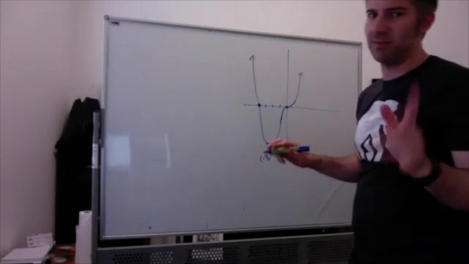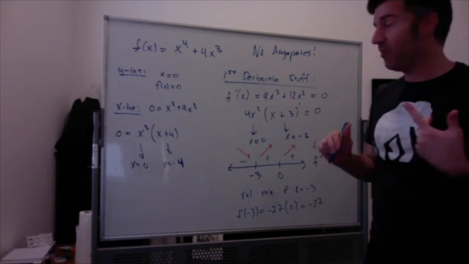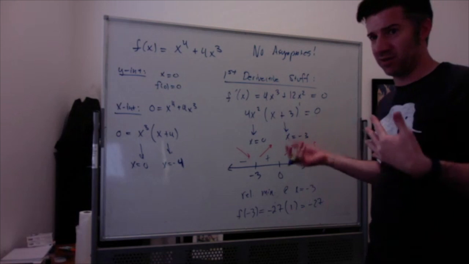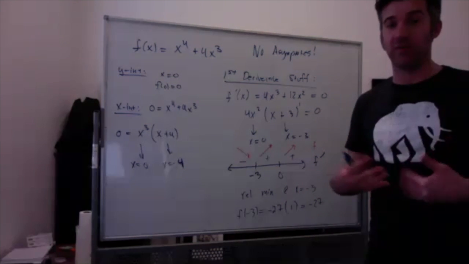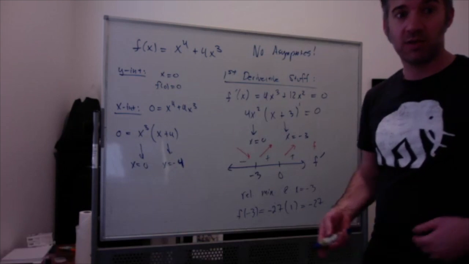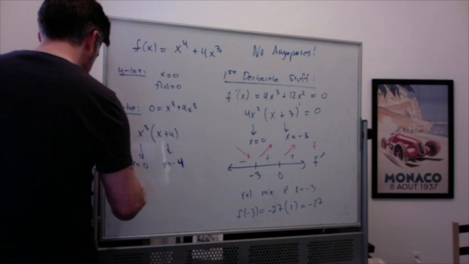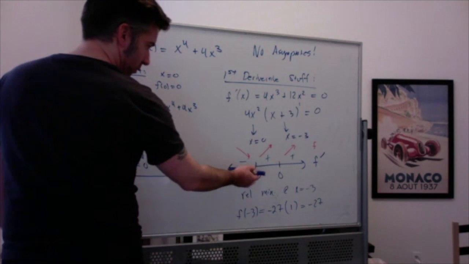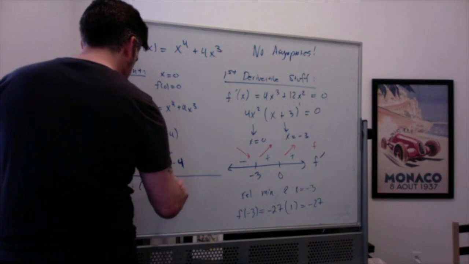Ooh, actually, okay, so back up. I would never ask you to tell me where it was increasing or decreasing, but I am not your professor. Your professor might ask you to state the intervals where it's increasing or decreasing. So we can say it's decreasing on the interval where the derivative is negative, so decreasing from -infinity to -3.